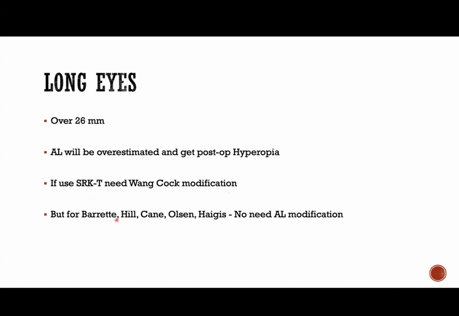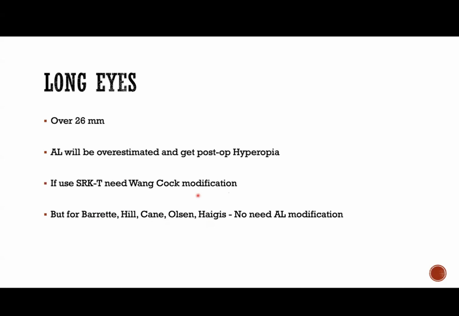Whatever the IOL Master value, we can directly feed into the Barrett formula, because it has done that job for us. Even the Hill RBF, the Kane formula, Olsen, Haigis, they don't need axial length modification.